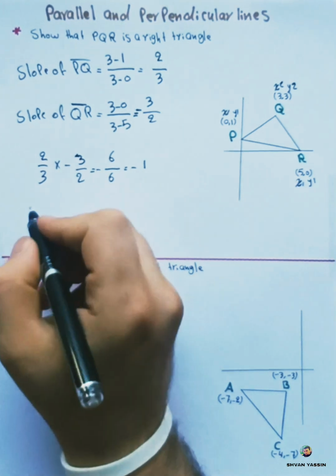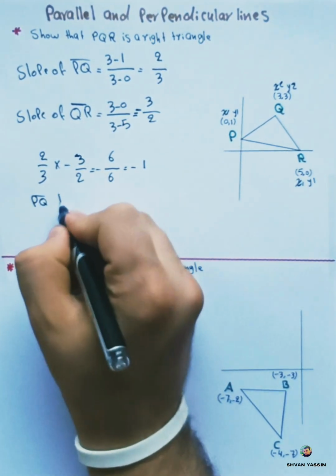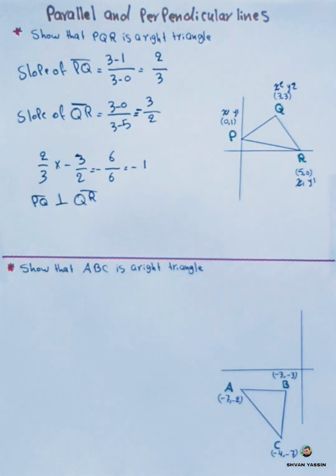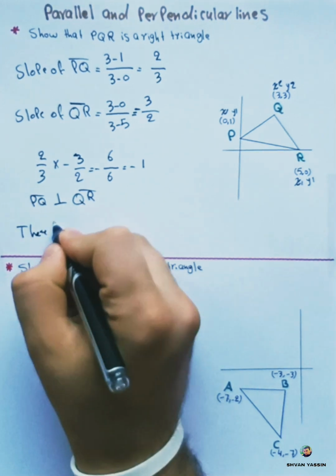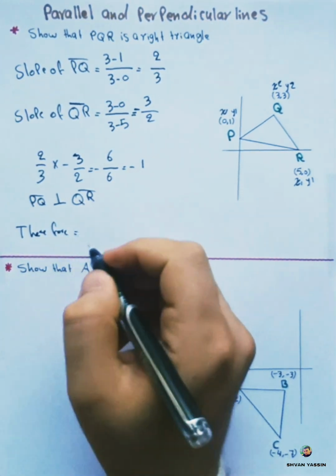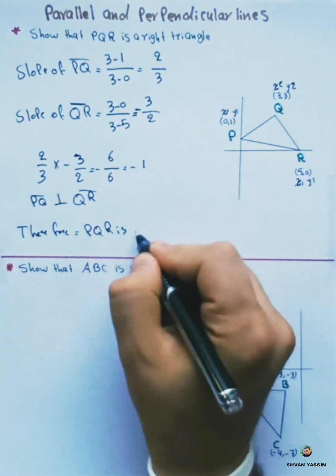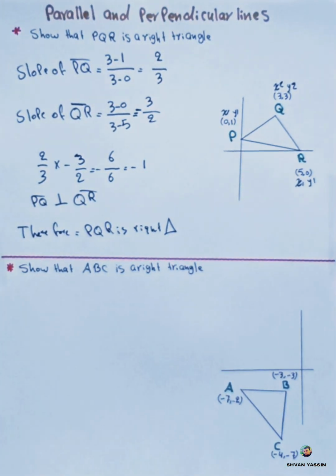Therefore, we can say PQ is perpendicular to QR, and therefore PQR is a right triangle, because a right triangle contains only one right angle.